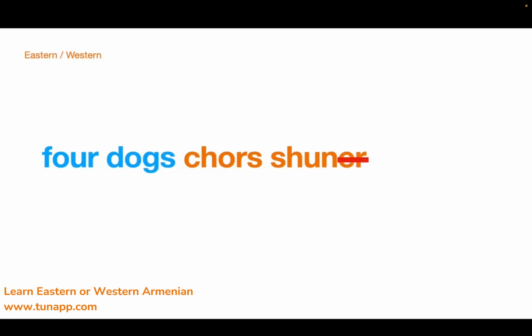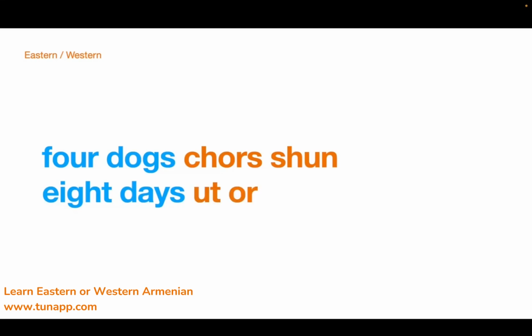When your noun, in this case the dog or the shun, follows a number, we drop the plural form in Armenian altogether. The correct way of saying this is actually chor shun. For dog is its direct translation. And we'll do this every time we're using numbers or counting the amount of something. 8 days, for example, ut or, not ut orer.